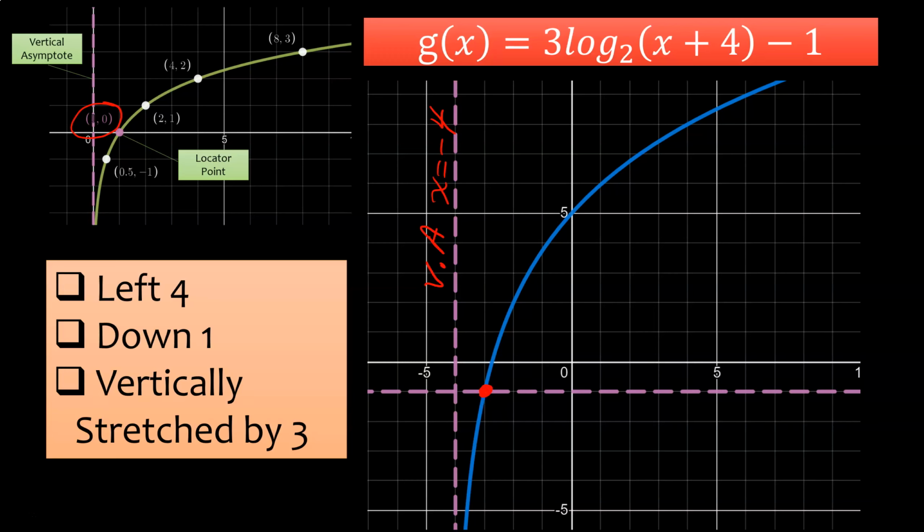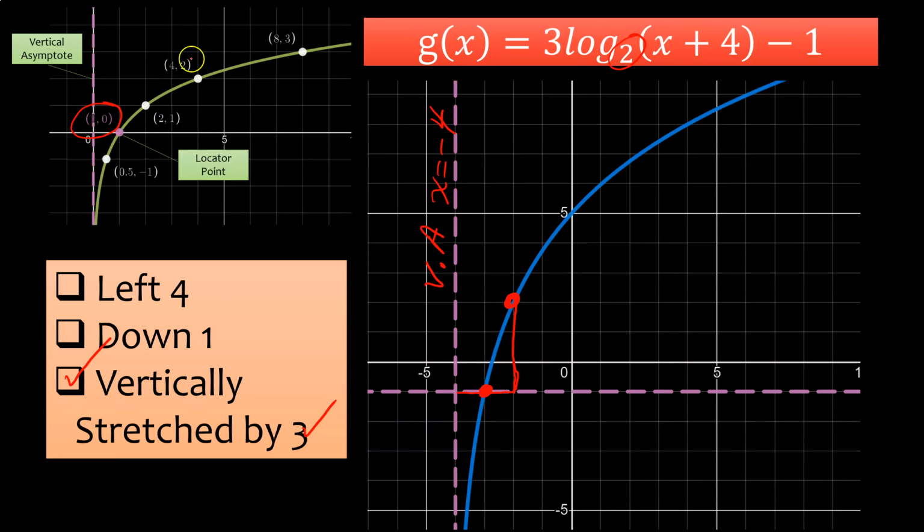And then how do we graph the other points? Well, since this is base 2, we are going to go out. Normally it is out 2, up 1. But since there is a stretch of 3, we are going to have to move up 3 units. So this is my next point on the graph.